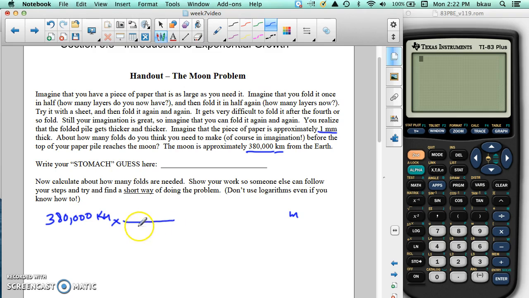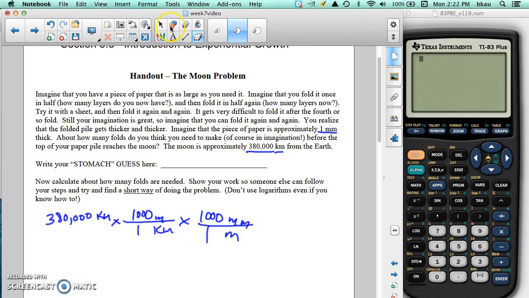I know that in 1 kilometer there's 1,000 meters, and in 1 meter there's 1,000 millimeters. So that means we'd have to multiply by 1,000 twice in order to get millimeters.